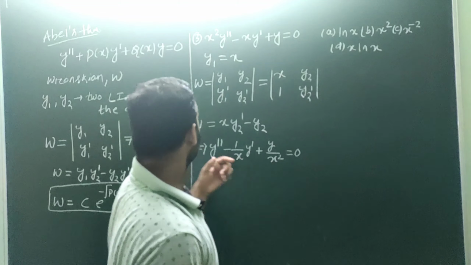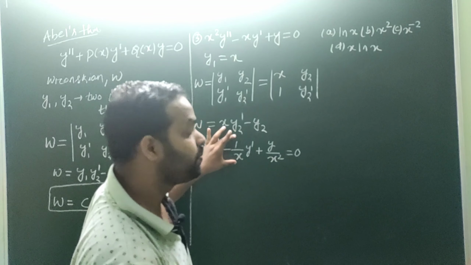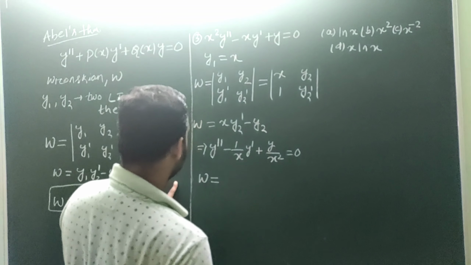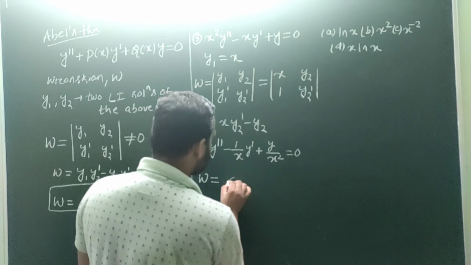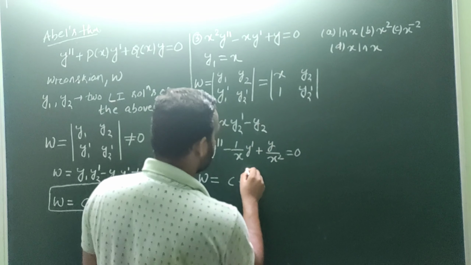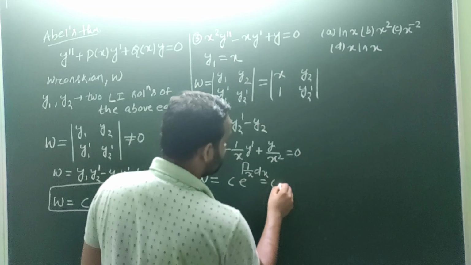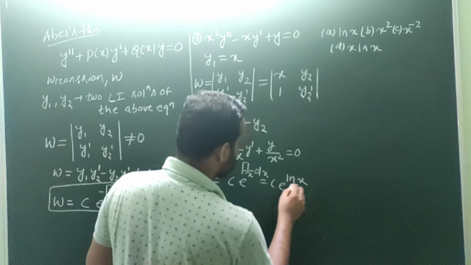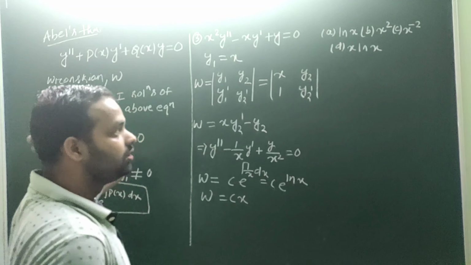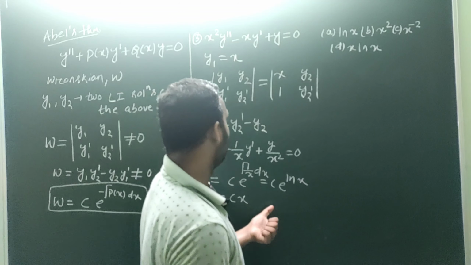I told you that q of x doesn't matter; we take only p of x. So by taking p of x, the Wronskian will be some constant C e to the power minus of minus 1 by x, that is 1 by x dx, and this is C e to the power log x. This will give you C into x. So the Wronskian is equal to Cx.